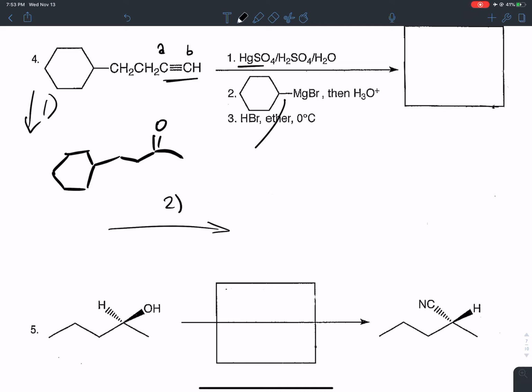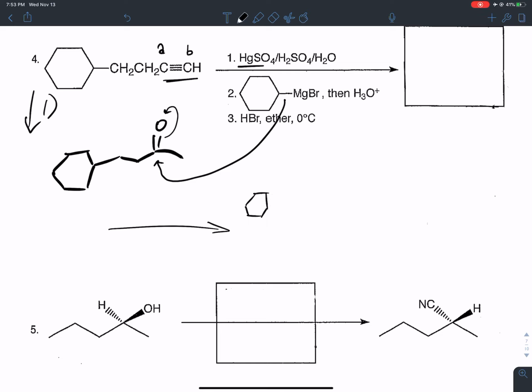This bond is going to come attack the backside of our carbonyl, our electrophilic site. That's going to kick one of the pi bonds up onto the oxygen, generating what kind of charge? A negative charge.